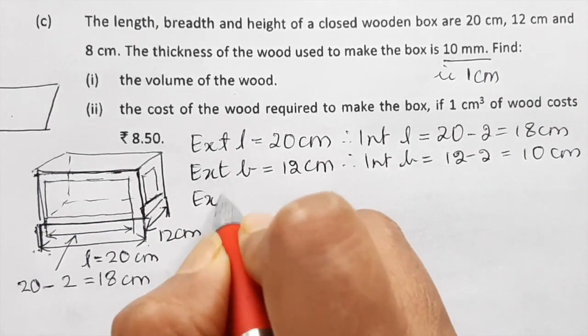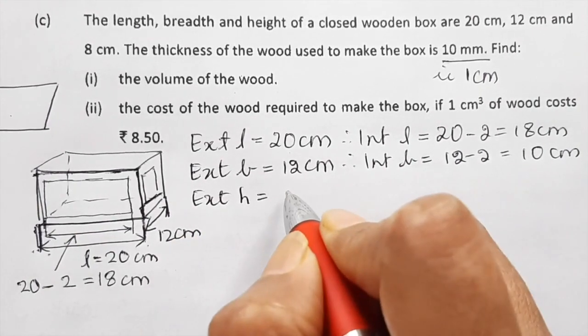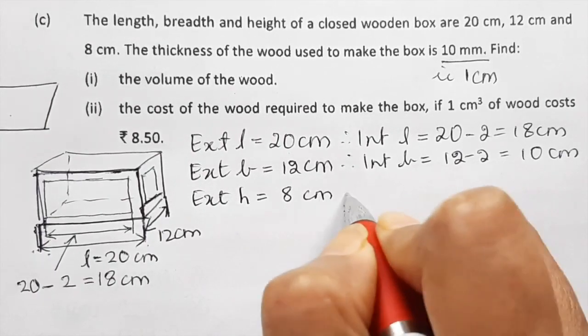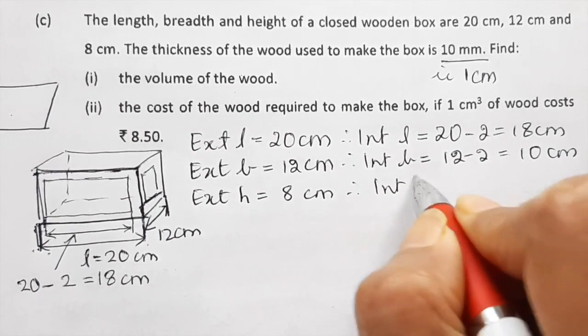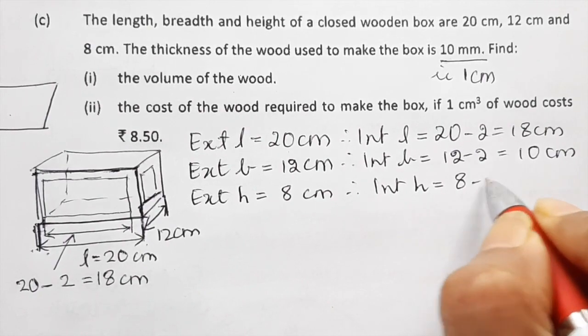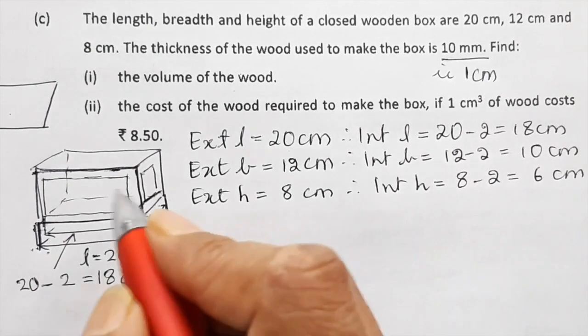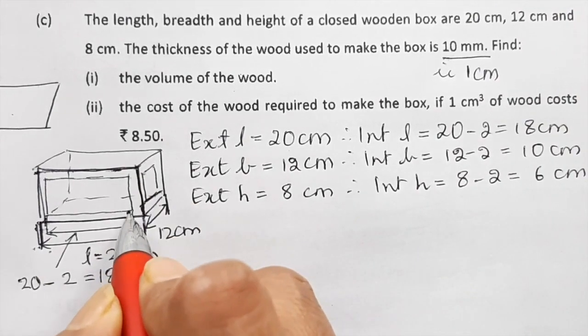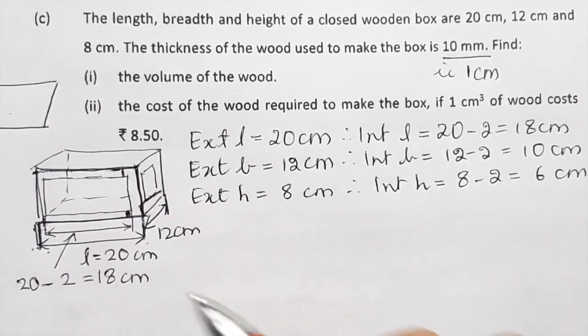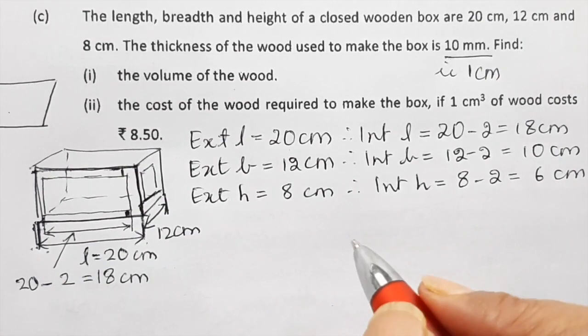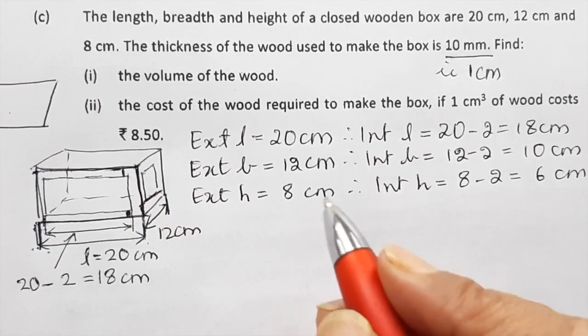Then we have the external height equal to 8 centimeter. Therefore, internal height will be 8 minus 2, which is going to be 6 centimeter. So this is the height, but from here 1 centimeter is gone, from here 1 centimeter is gone. So we have to find the volume of wood.